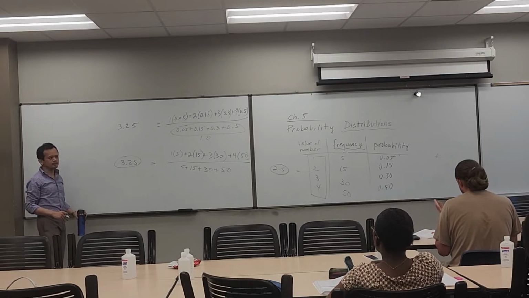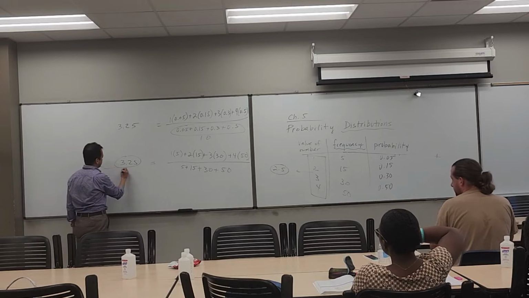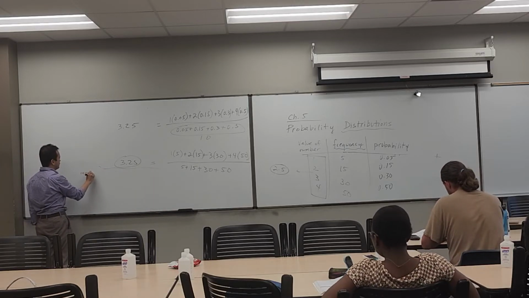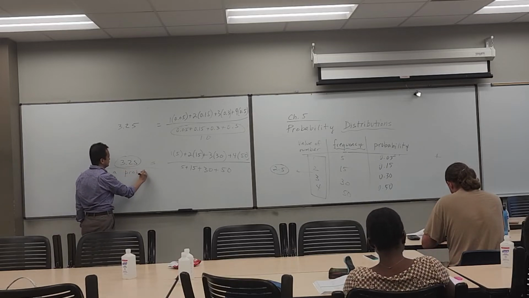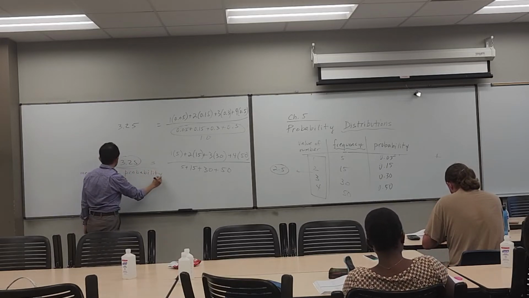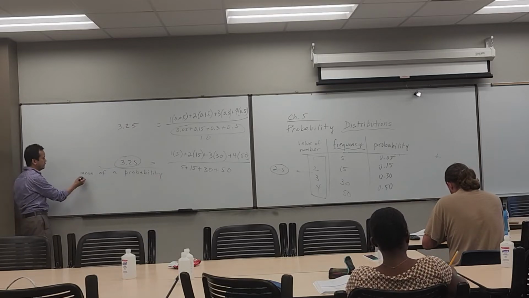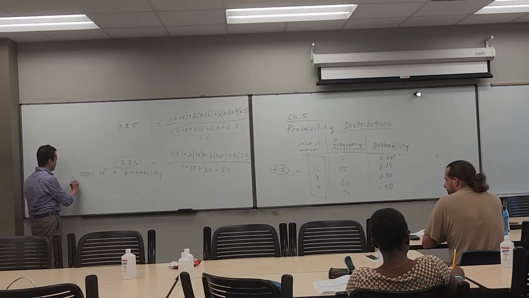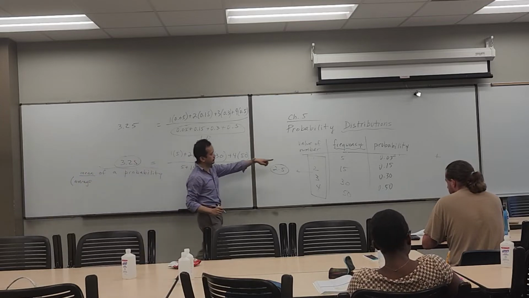Any questions? Okay, so let's generalize what we just said. If you have a probability distribution, you're trying to find the mean of a probability distribution. But when we say the mean of a probability distribution, what we really mean is the average value of this x variable.